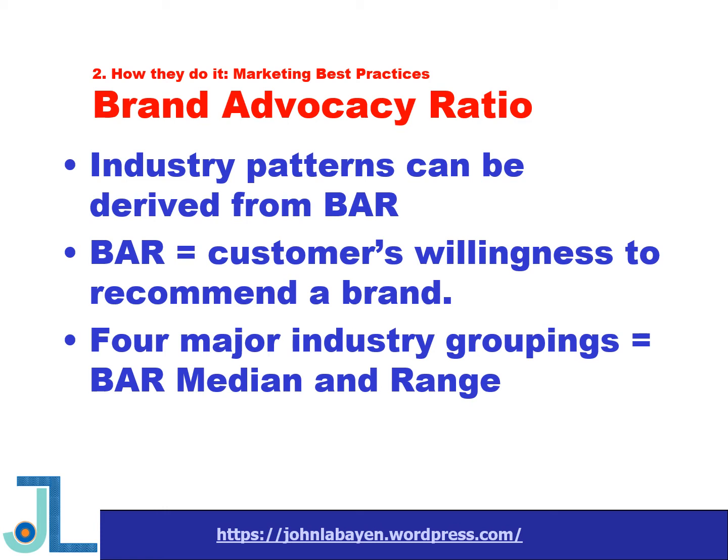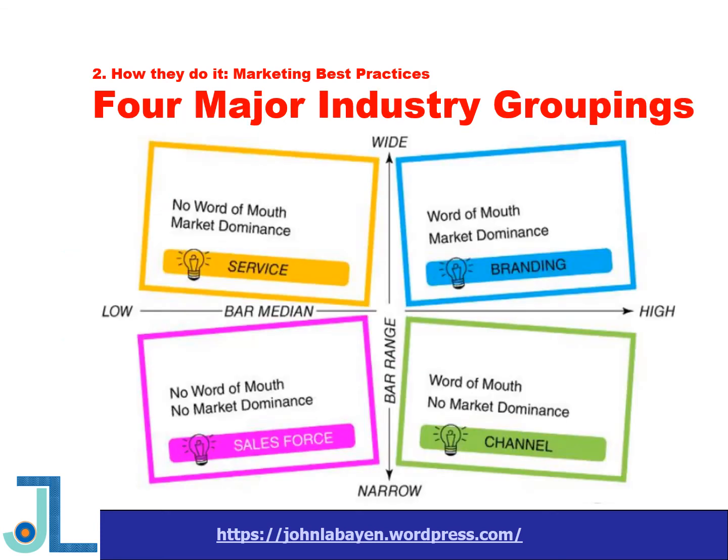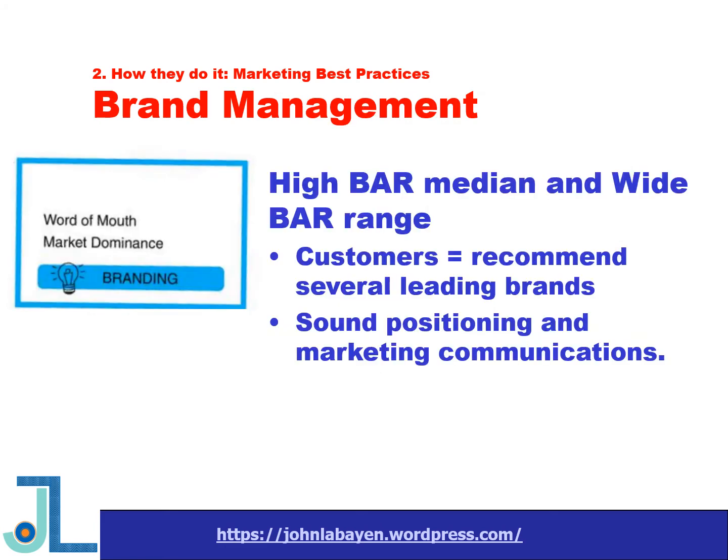Basically, BAR is just customers' willingness to recommend a brand, and four major industry groupings can be derived from the different BAR median and different BAR ranges. So here are the four major industry groupings, which are service, branding, channel, and sales force management. So the first best practice that I'll be discussing is brand management.